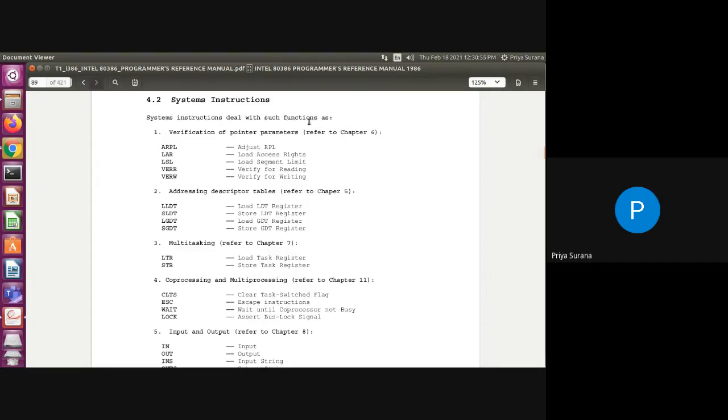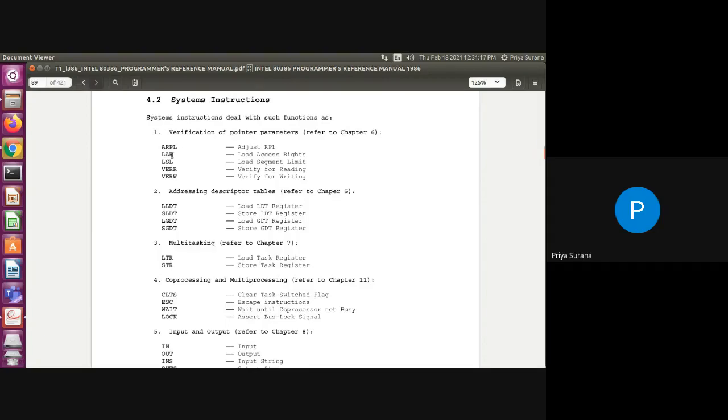First is ARPL, adjust RPL. Remember, RPL is the privilege level, and there is an instruction for adjusting that privilege level, that is ARPL. Next is LAR, load access right.